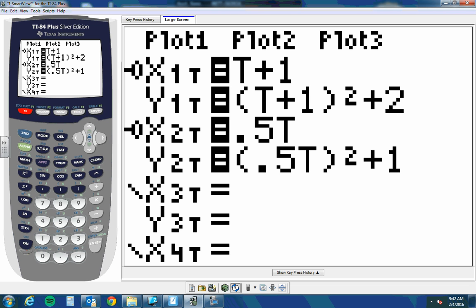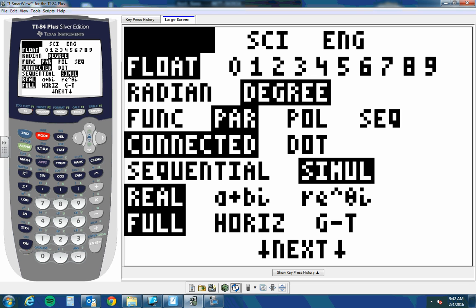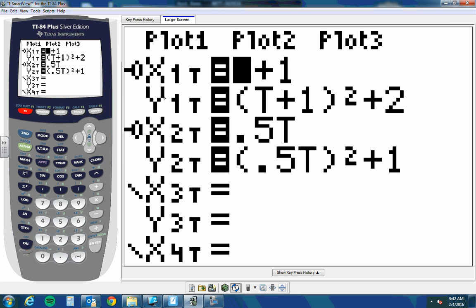So go back to mode, make sure you're in parametric mode. Then when you go to y equals, you should see this. So if you're not seeing that, you're in the wrong mode. And like I said, to get the T there, you just press the variables button. If you're in polar mode, it will produce theta. Parametric produces T. Get these typed in.